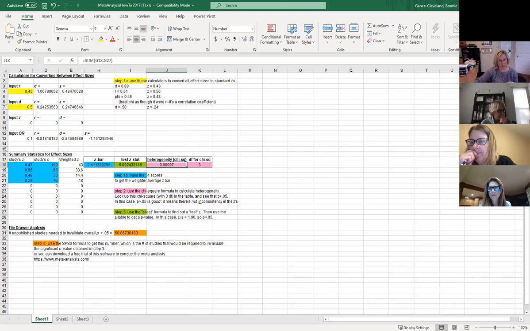So if you're in that 3 degrees of freedom and you look over to your right and you see the 9.35, that corresponds to a 0.02. So that means it's less than 0.05, right? Does that help you understand it a little bit better? Yes.